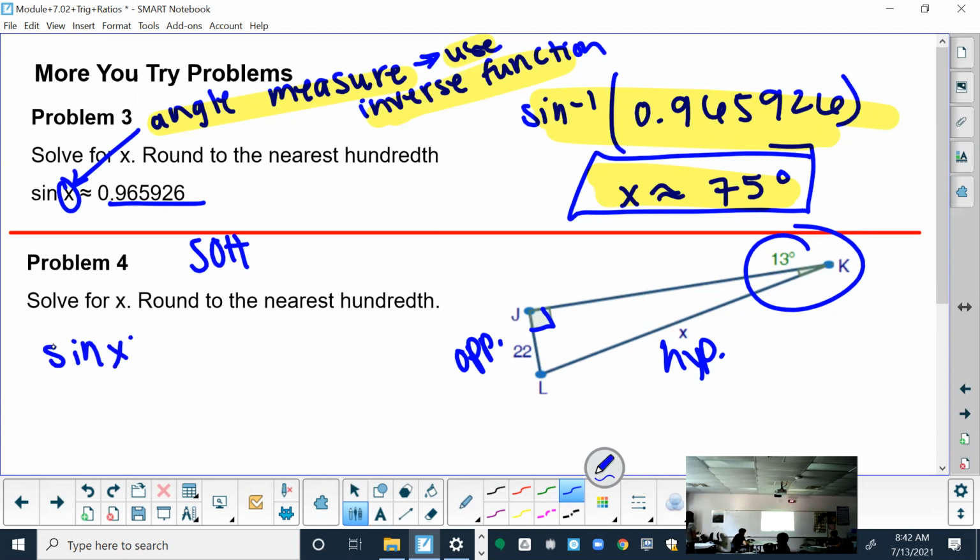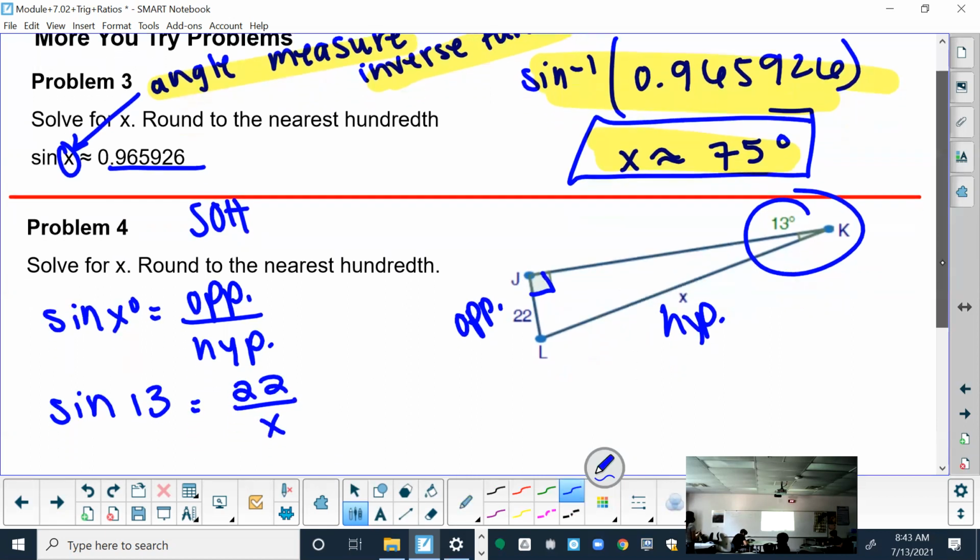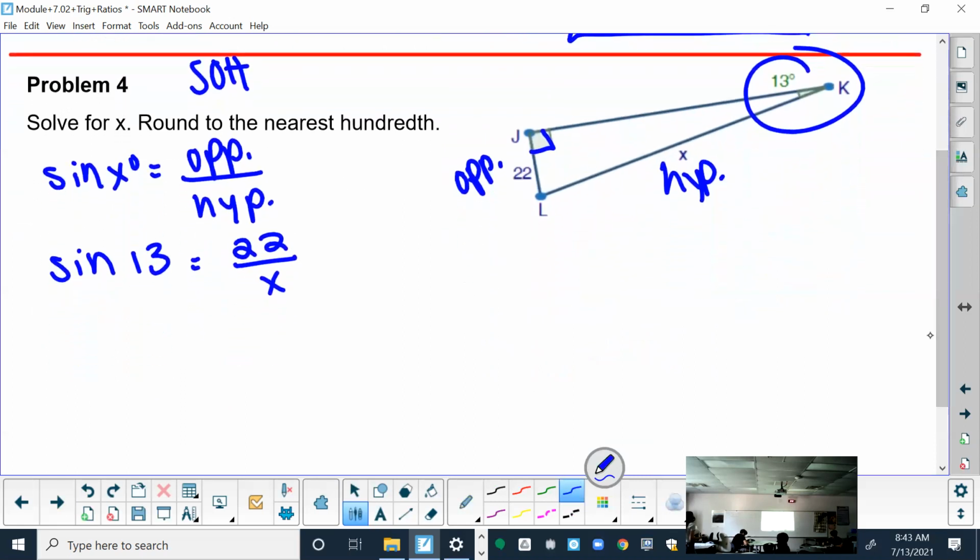So we're using the sine function. Here's the definition of the sine function again, and plug in what you're given. So sine of your angle measure, sine 13, equals opposite, which is 22, over hypotenuse, which is x. Any confusion there?